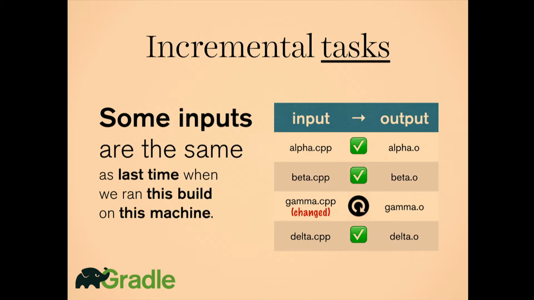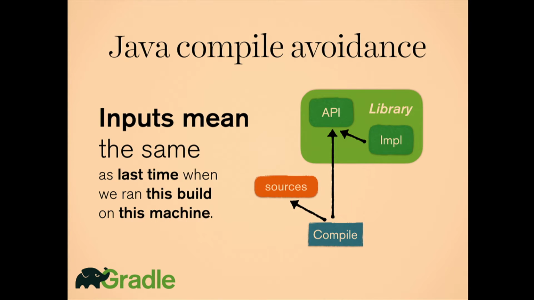So this works when some of the inputs remained the same since the last execution of this task in this build on this machine. And I want to show you just one more existing or sort of existing feature, which is Java compile avoidance. It's a really cool feature where basically Gradle understands that when you're depending on a library, that library is not just a jar file, but it's a combination of an API and an implementation.